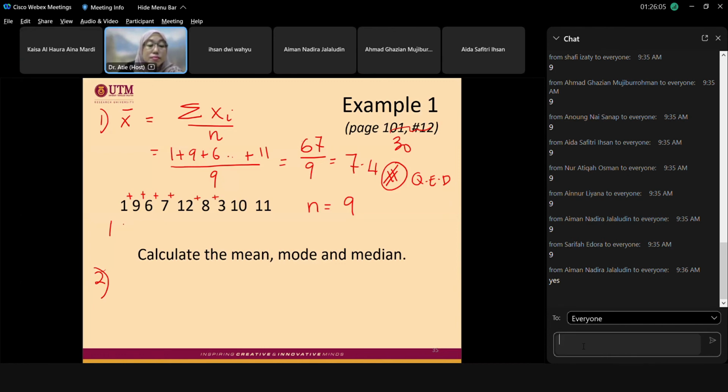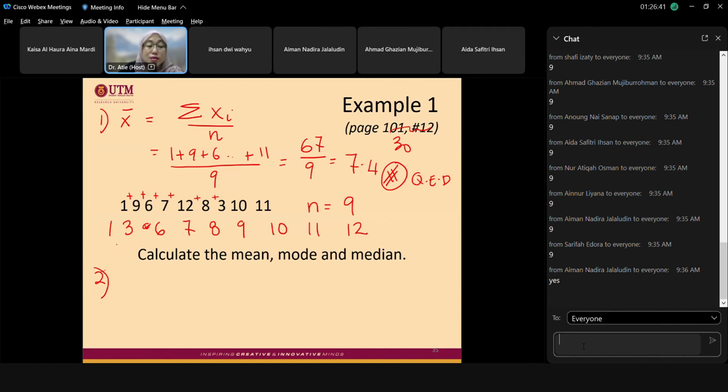1, 3, 6, 7, 8, 9, 10, 11, 12. Right. So don't forget to rearrange the numbers because otherwise you will make a mistake in your answers, okay?